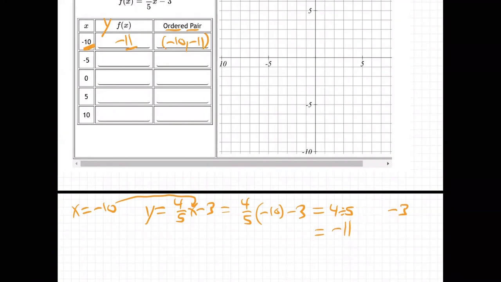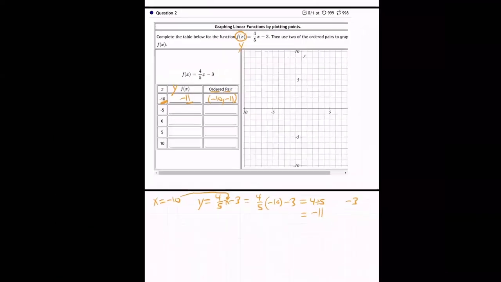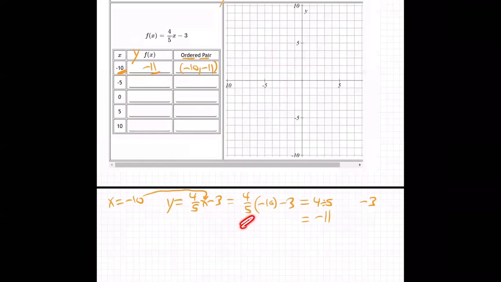A fraction means divide, right? 4/5 means 4 divided by 5. So I'm just doing what the fraction is telling me to do. I'm dividing. And then I went times. That's the times button on the calculator. Yeah, sorry, it looks like an x. I know it gets a little confusing. Times -10, and then subtract 3.